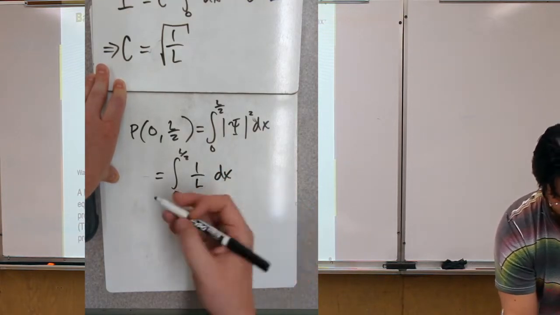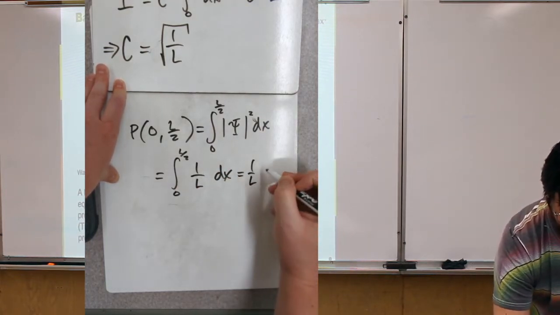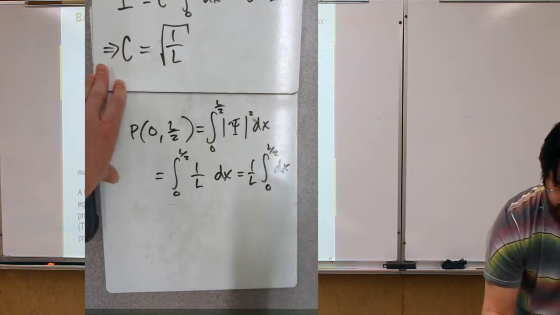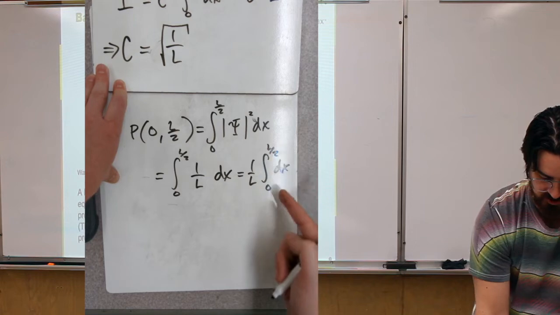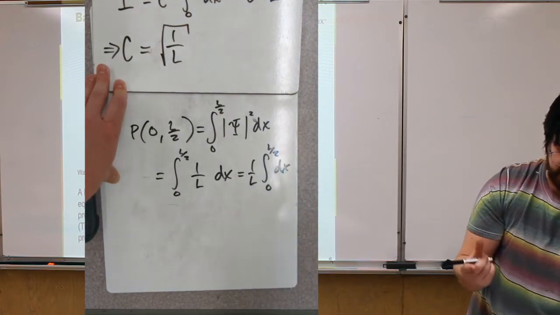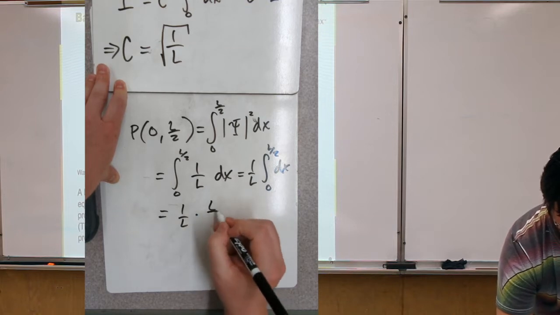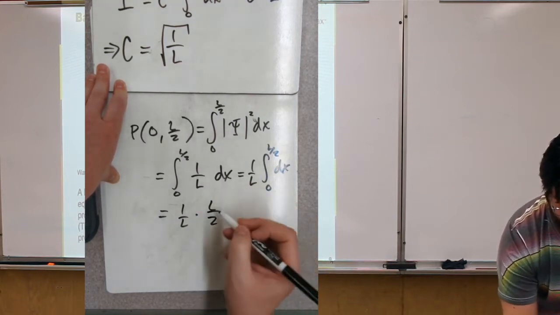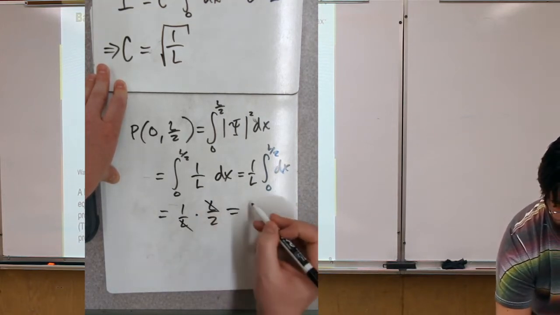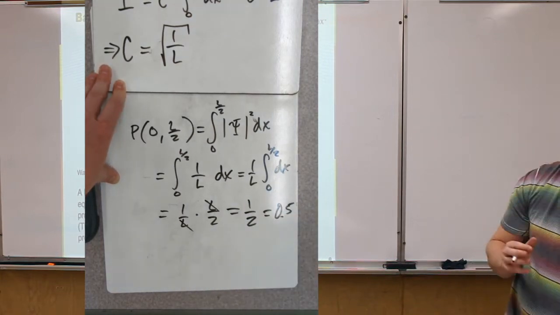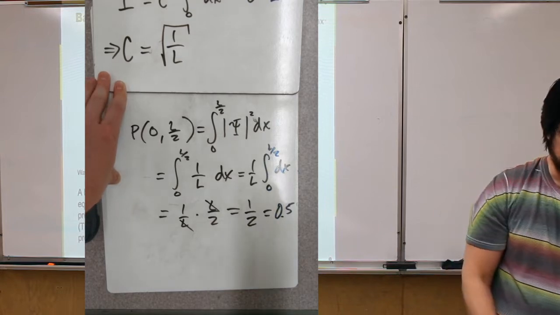This doesn't have any x dependence, so we can take it out, and we end up with this integral over this region of dx, meaning we're just going to get the size of that region, L over 2. Then the L's cancel out, and look at that, we get 1/2, or 50%, exactly what we expected.